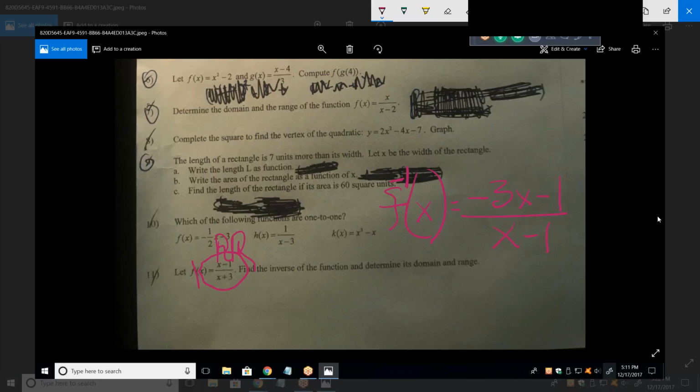Which variable is the highest degree in the denominator? It's x. They're both to the same exponent. It could be x to the 7th over x to the 7th. If it's the same exponent, then the horizontal asymptote is the ratio of those coefficients. That has a coefficient of 1. Where's the horizontal asymptote at? -3. Mm-hmm.